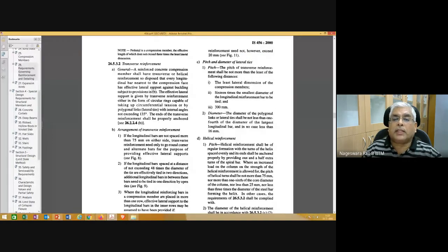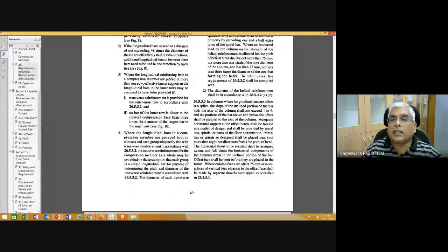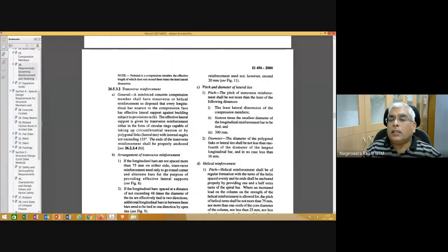Transverse reinforcement, and here pitch and diameter of lateral ties. Pitch of the transverse reinforcement shall not be more than the least of the following distances. Please make a note of it.